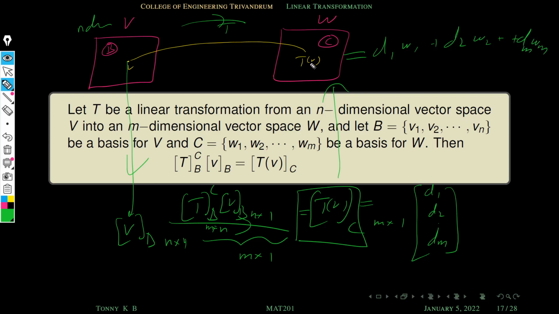That is the definition of coordinate. So if you know the matrix of the transformation, that means we know the transformation. Clear? In this way we can convert every transformation in terms of numbers.